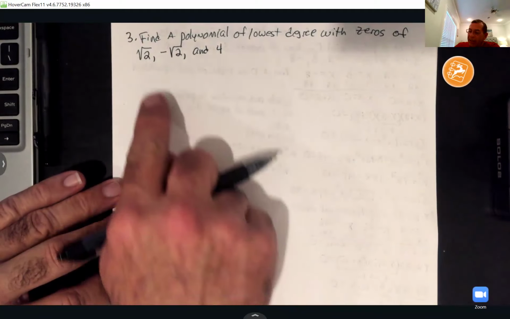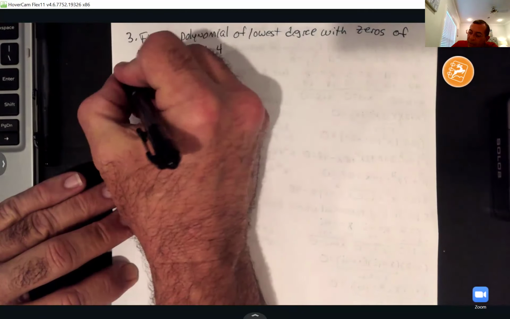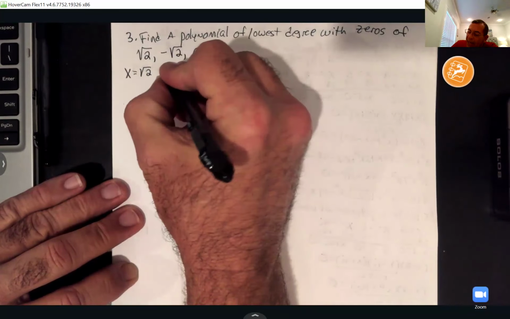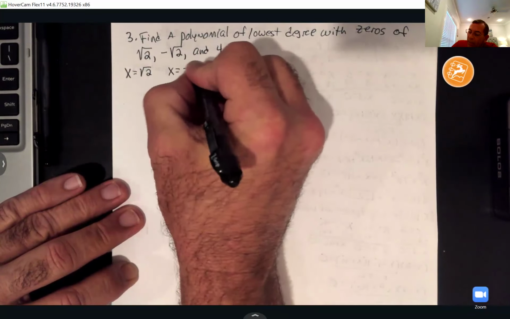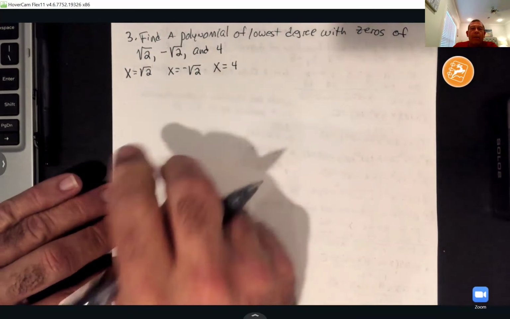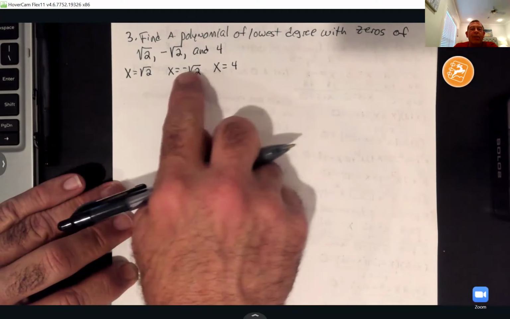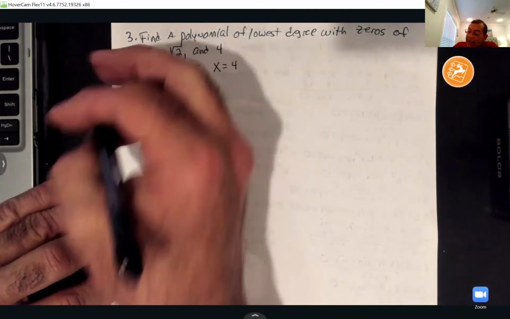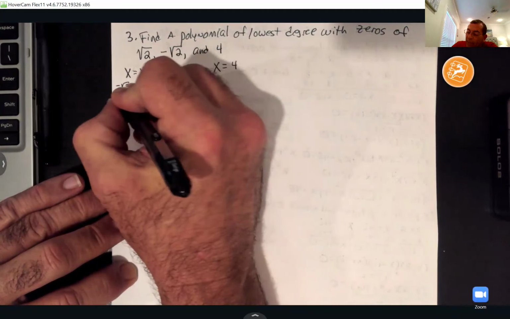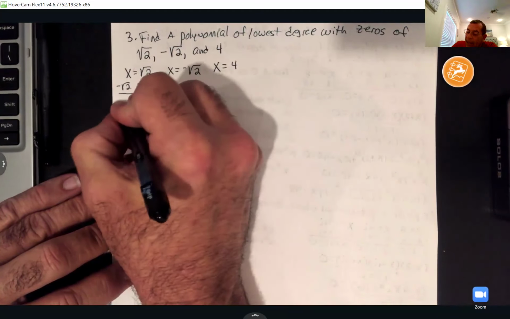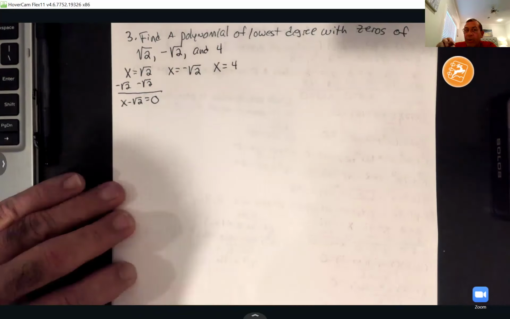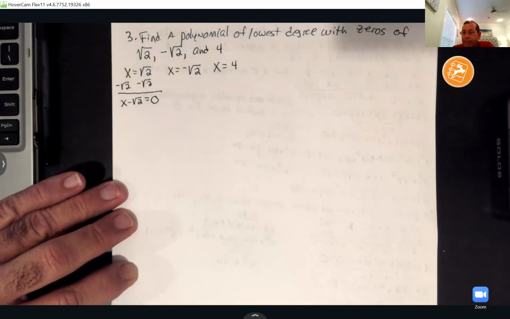So y'all, let's start the process. x equals square root of 2. x equals a negative square root of 2. And x equals 4. We're going to add and subtract so that we get a 0 on the right side. So I'm going to subtract square root of 2 on the first one, and I get x minus square root of 2 equal to 0.